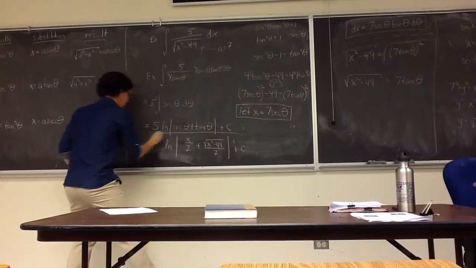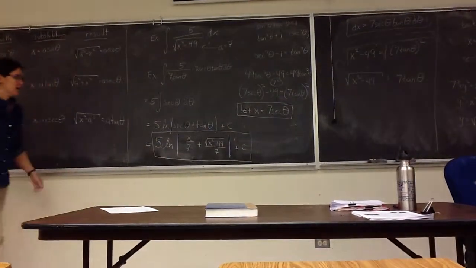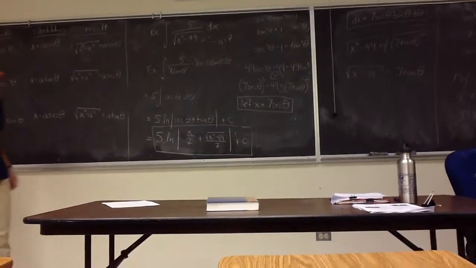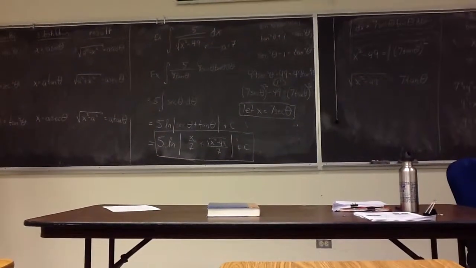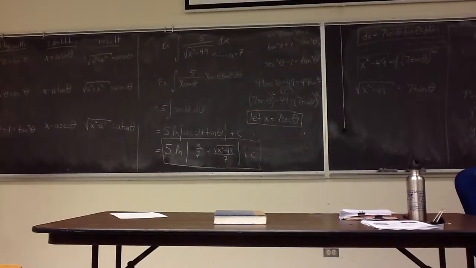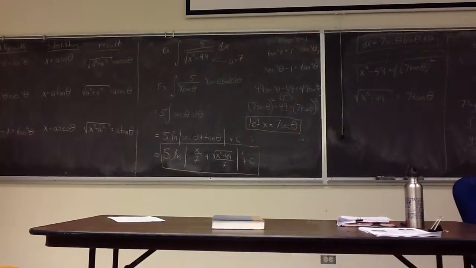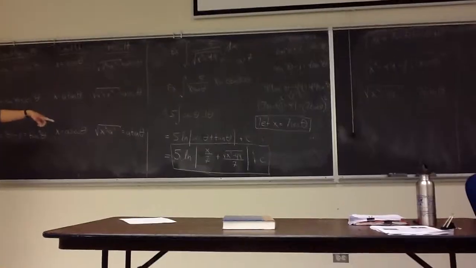And this is our final answer: 5 times the natural log of x over 7 plus root x squared minus 49 over 7. Are there any questions on the what part of this?